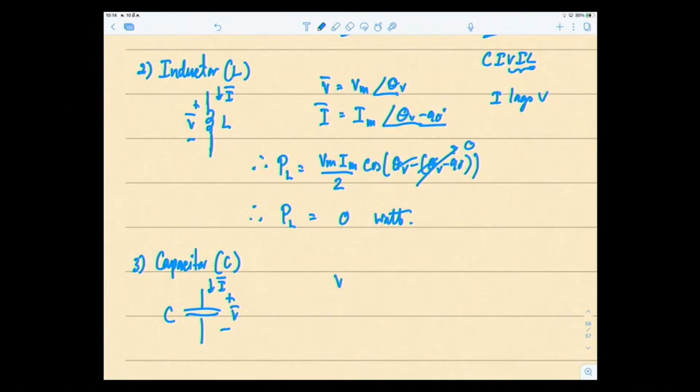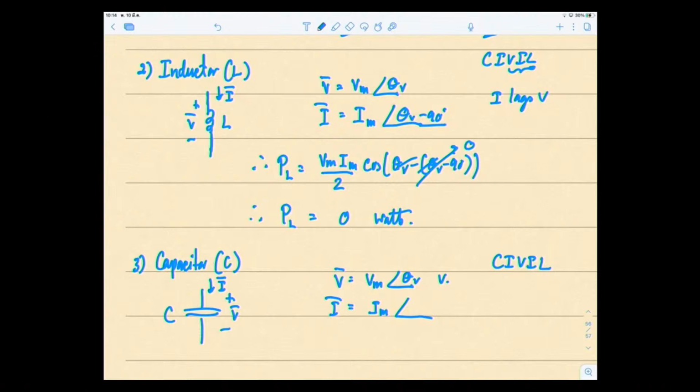So again, V is equal to Vm angle theta V volt, and phasor I is equal to Im. Go back to the word CIVIL.